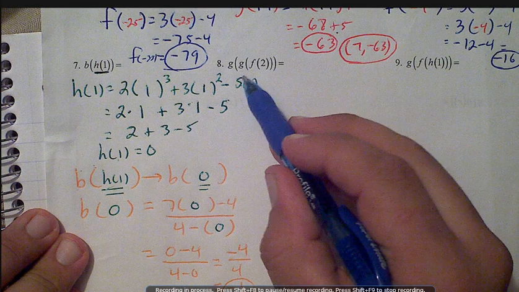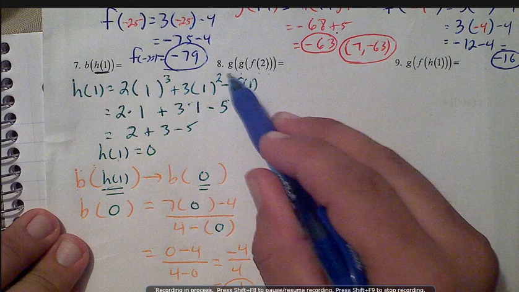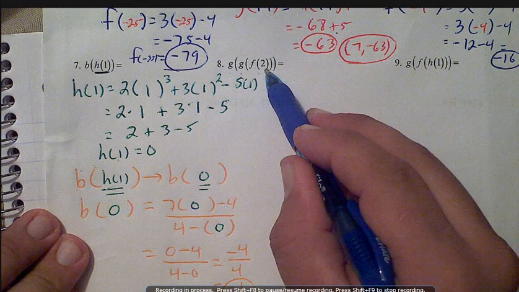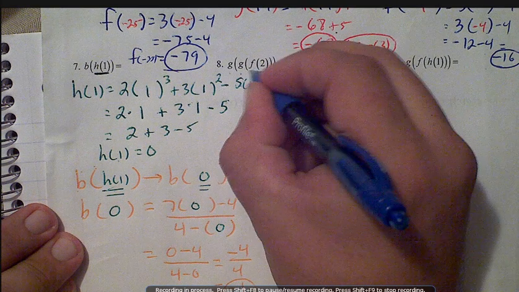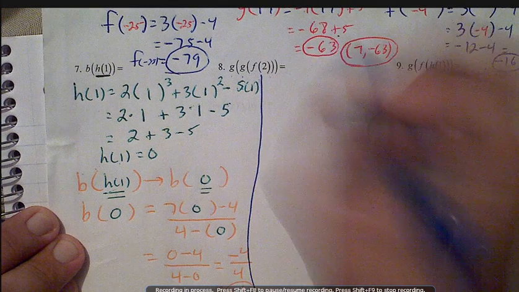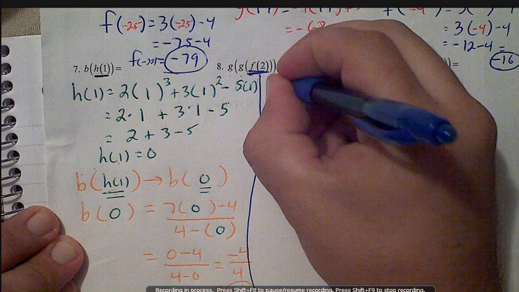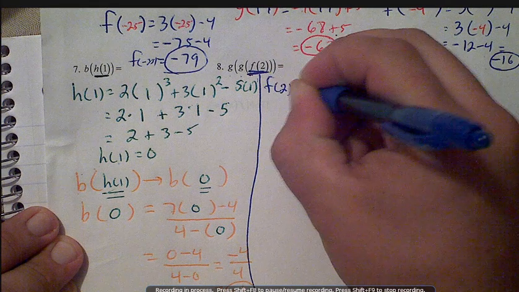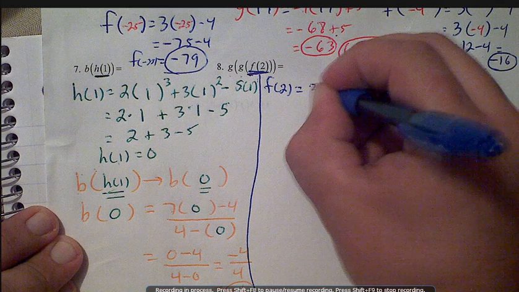So we're going to find f of 2 first. So substitute 2 in for x into the f function. And you get 6 minus 4.